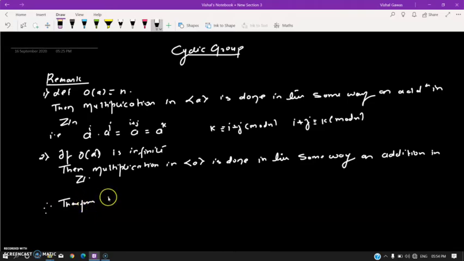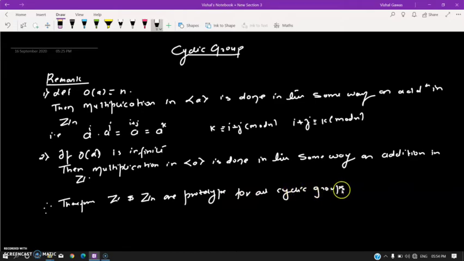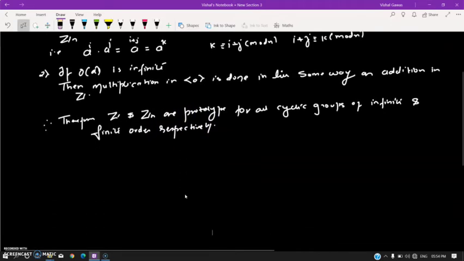Therefore, Z and Zn are prototypes for all cyclic groups of infinite and finite order, right? So Z and Zn become prototypes for all cyclic groups.